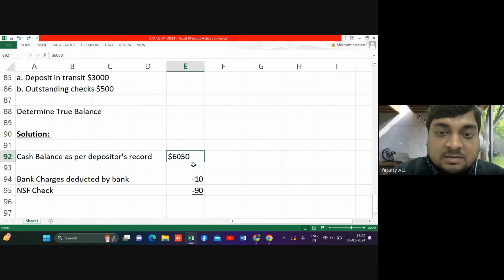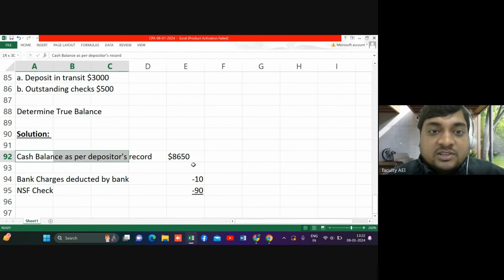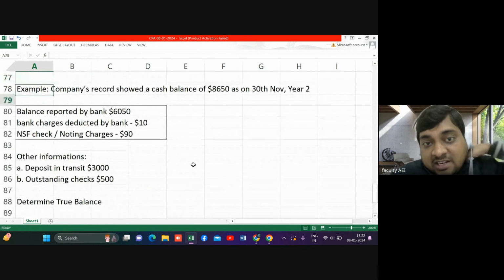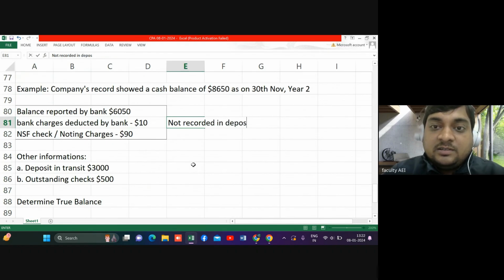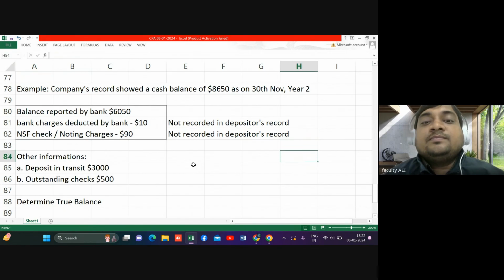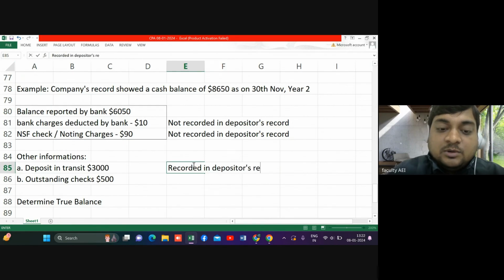This is $8650. We need to start with depositor's record, and we need to consider only those which are not recorded in cash book. This is not recorded in depositor's record. This is also not recorded. But these two are recorded in depositor's record.